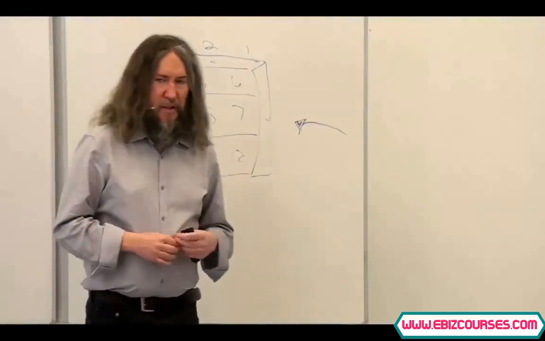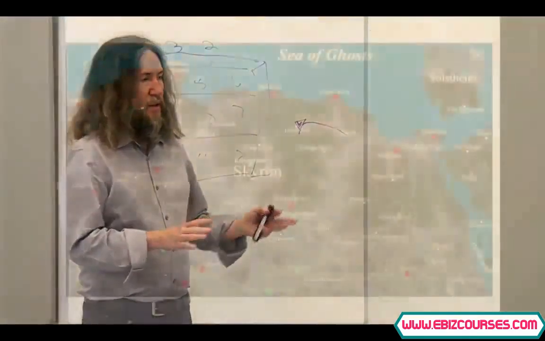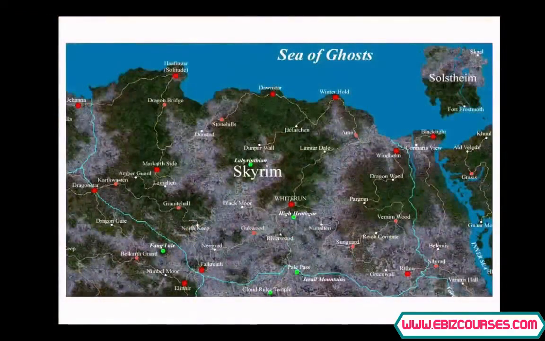Then there are elaborate worlds that are really a lot bigger than what we saw with Donkey Kong, and the last image was Doom. Now there are things like Skyrim that involve multiple areas that require maps, and they have oceans or the Sea of Ghosts and so forth.